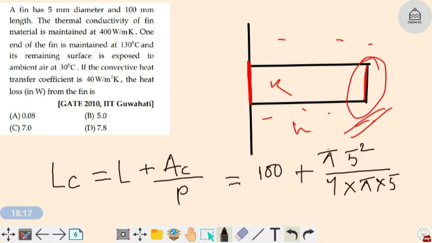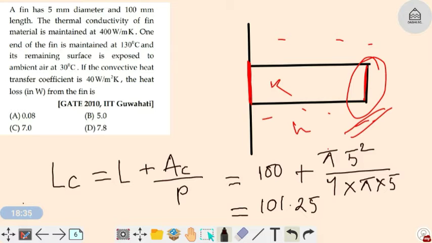This is my corrected length, so it will come around 101.25.